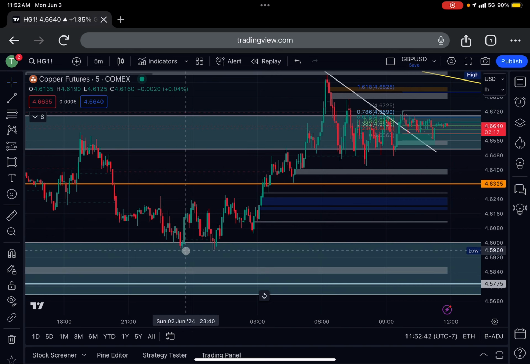But sometimes what's best, if you want to be patient, is don't wait for the first candle, where it hits immediately. Don't take the trade.